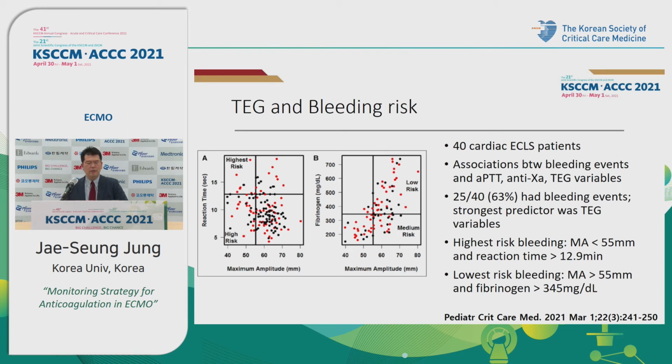In case of maximum amplitude below 55 millimeter and reaction time over 12.9 minutes, it showed the highest risk of bleeding. And in case of maximum amplitude over 55 millimeter and fibrinogen over 345 milligram per deciliter, it showed the lowest risk of bleeding.